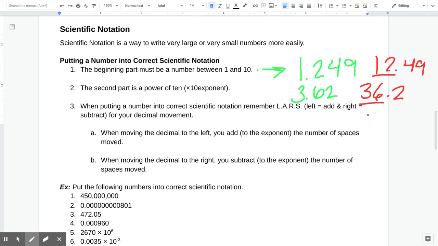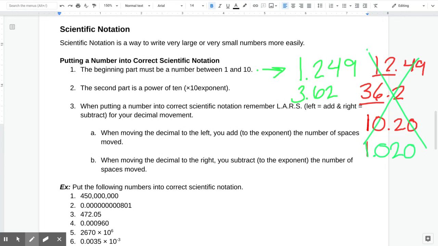We also can't do 10.20. It has to be 1.020. We cannot do it the other way. So that's what we mean that your first number has to be between 1 and 10.